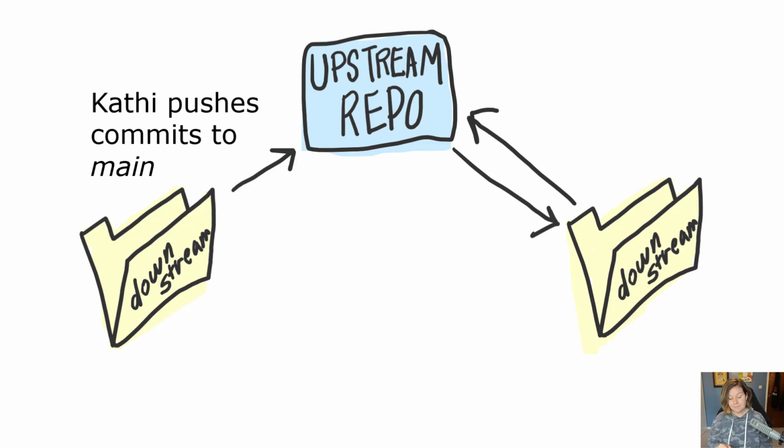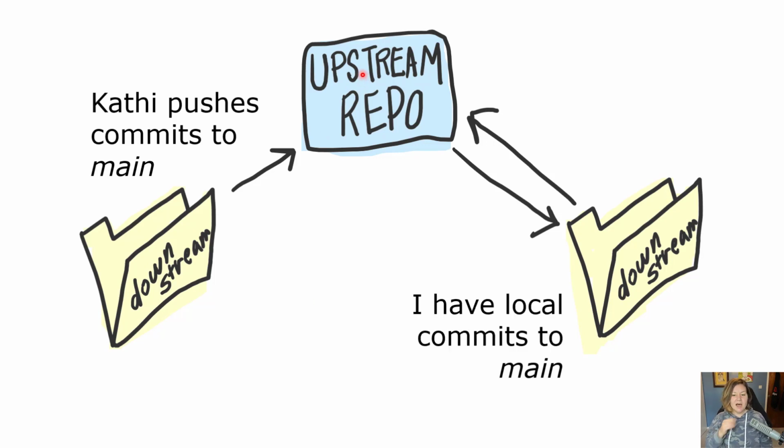So let's say Kathy has made changes in her local repo, and she has committed those changes. To do that, Kathy stages her changes and then she commits them. And she has then pushed them up to the central repo to share them. That's great. But if I'm also working in main, this actually might be kind of a pain for me.